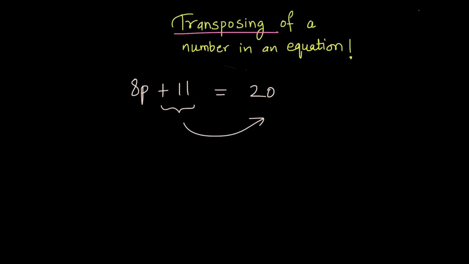So if we choose to transpose that, we will keep 8p on the left, and while transposing to the other side, we'll write 20, and then this plus 11 becomes minus 11. And so this plus 11 while transposing has become minus 11, and that's what we have written on the other side.